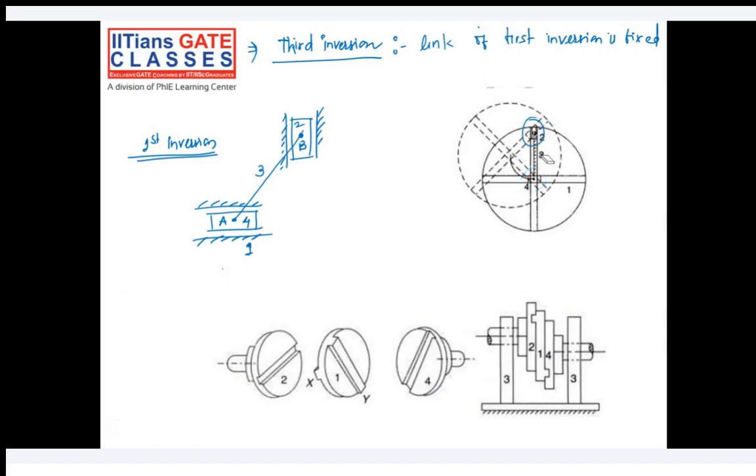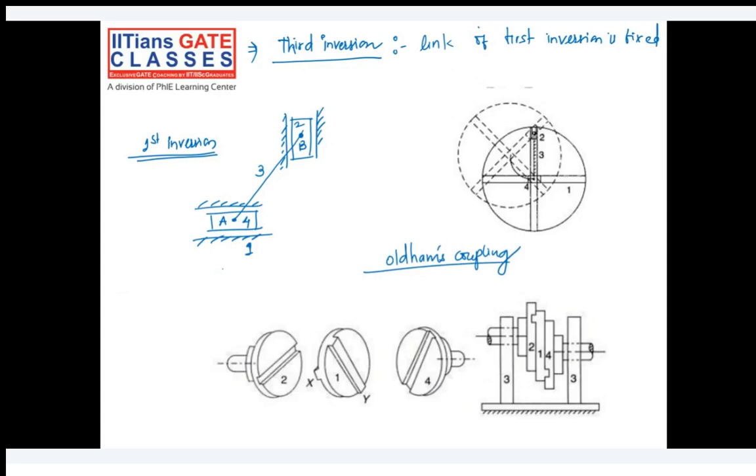In such cases you cannot use just a normal flange coupling with bolted joint, because that will not match the holes, and ultimately you will not be able to transmit power from this shaft to another. So in order to achieve the power transmission, we are using here Oldham's coupling.